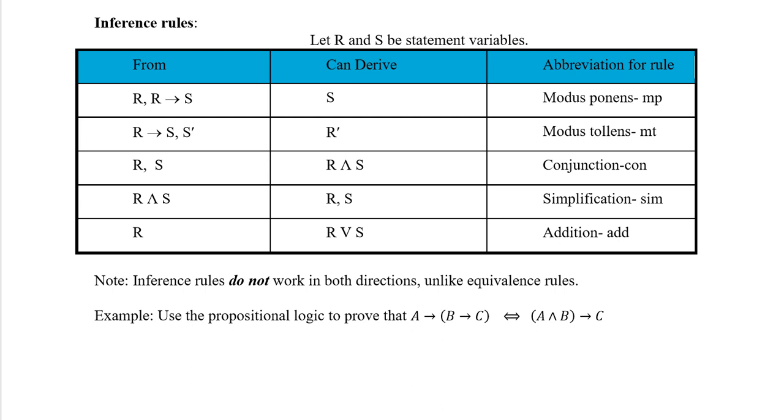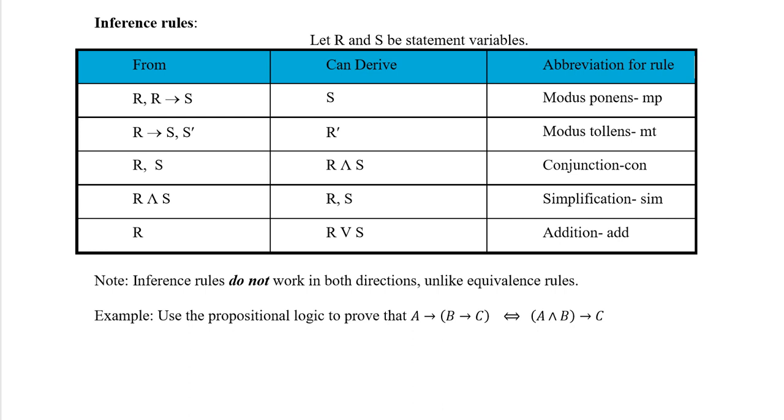So if we already know that R implies S is true, and we already know R is true, we could infer, or derive, that S is also true. This is the example I did earlier, modus ponens, which is the mode that affirms. This is in Latin.